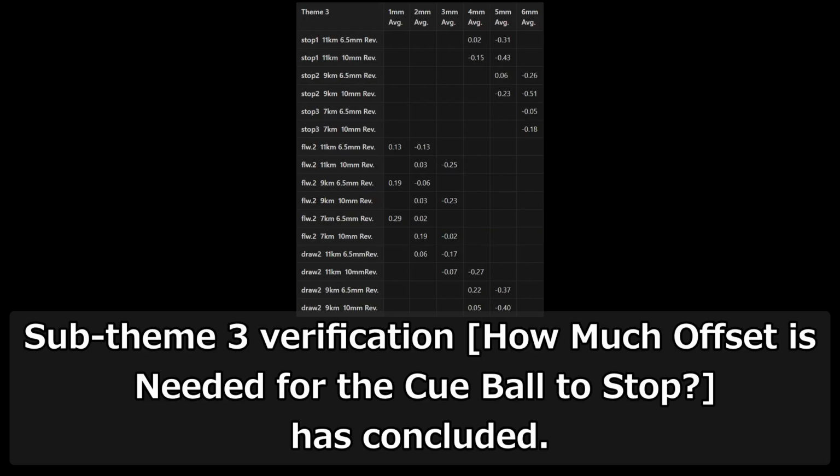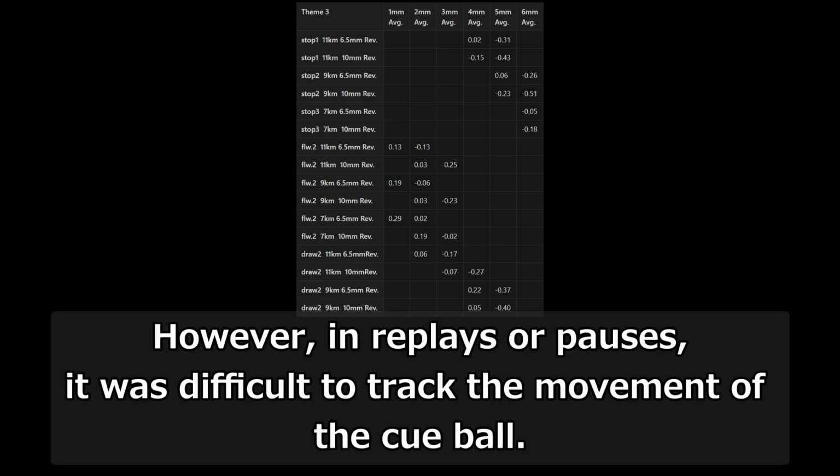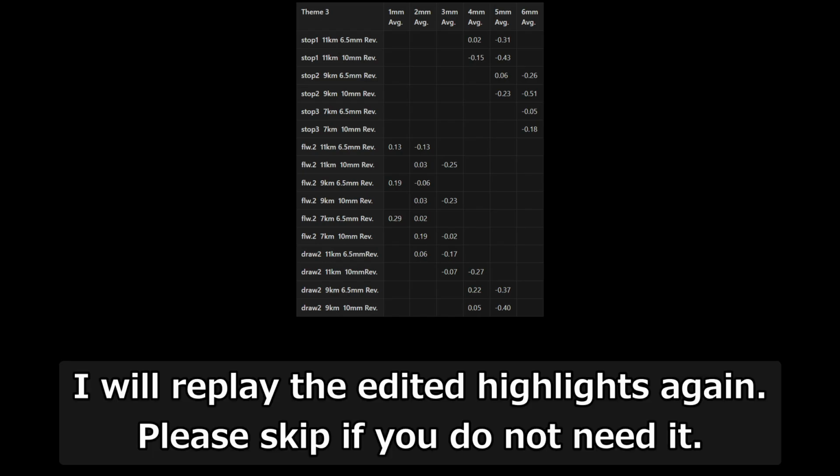Sub-theme 3 verification, how much offset is needed for the cue ball to stop, has concluded. However, in replays or pauses, it was difficult to track the movement of the cue ball. I will replay the edited highlights again.